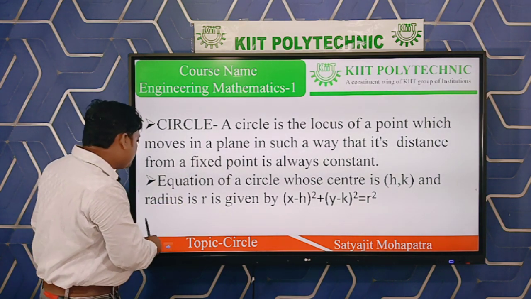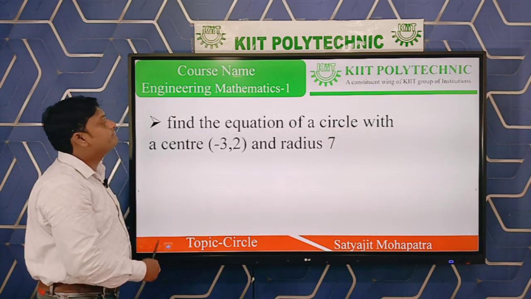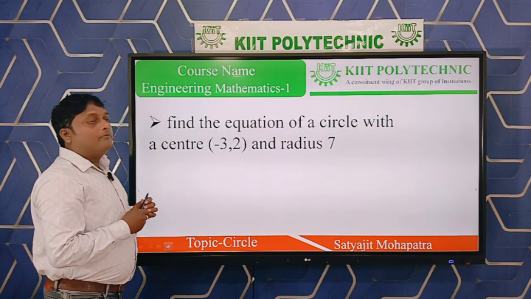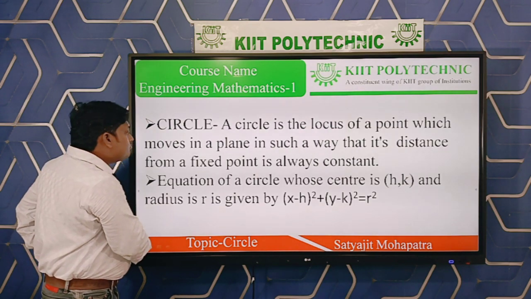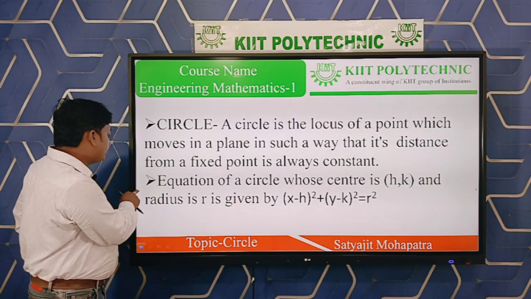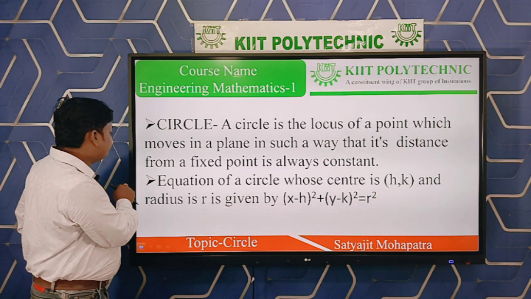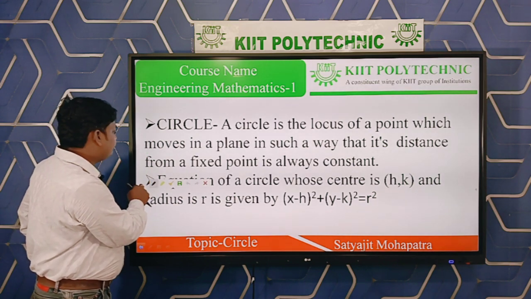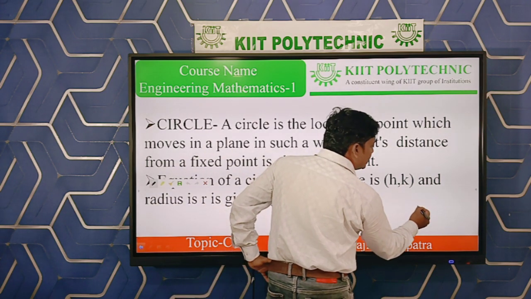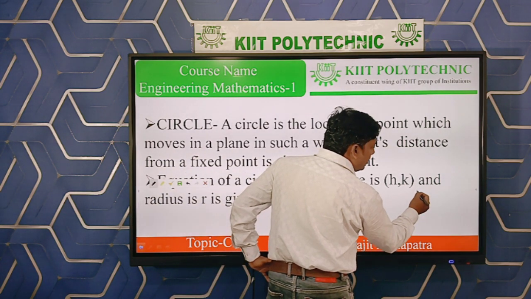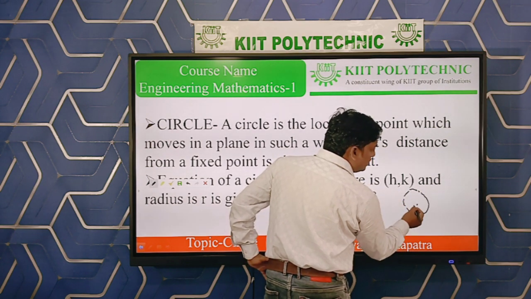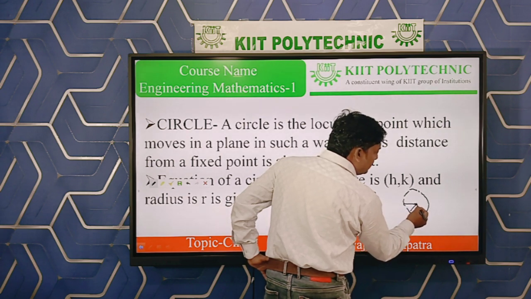Okay, next all of you see here. If you want to draw the circle, how can you draw? Suppose this is a fixed point and all these points are at equal distance from the fixed point.